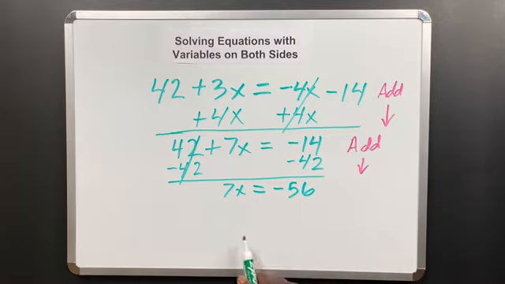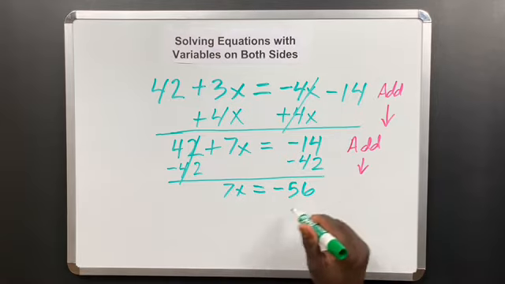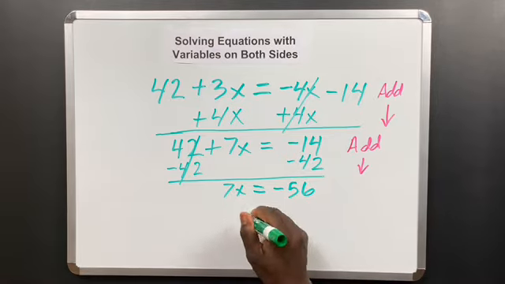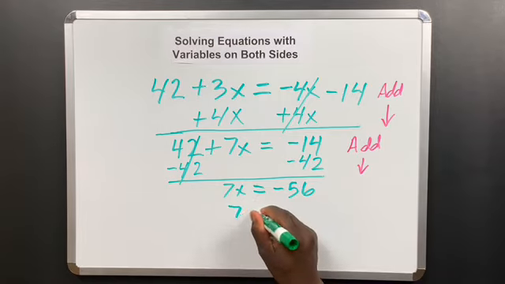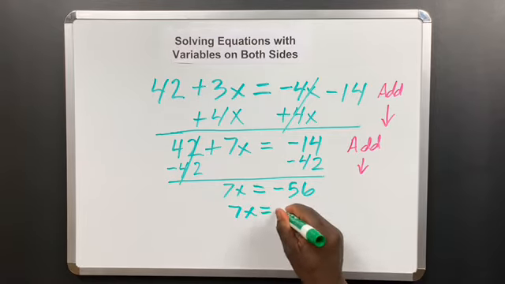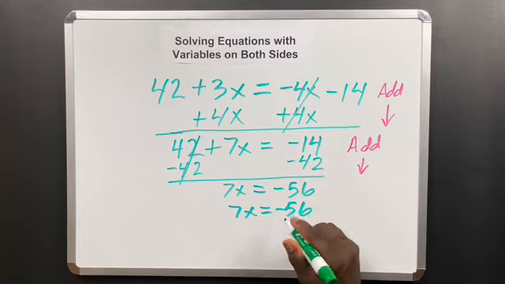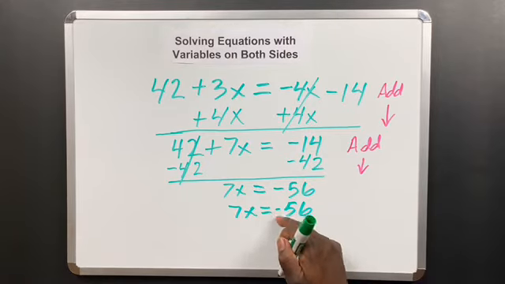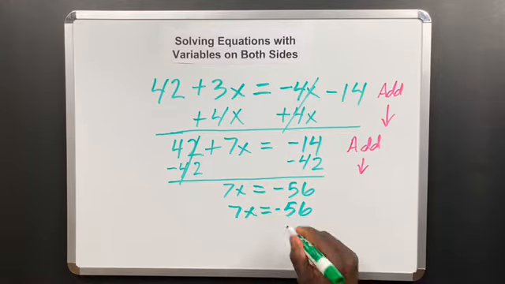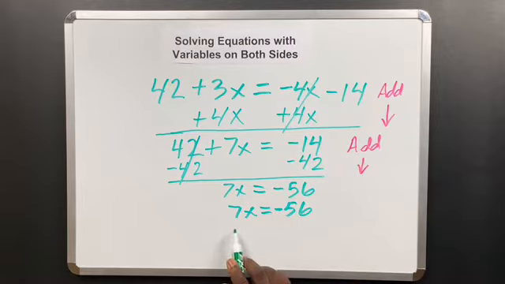X is almost by itself. We're solving for x. So I'm going to write this step again to make the next step explicit. I'm just going to bring this down again, negative 56. Okay, there we go. Now, the opposite of multiplying x by 7 is to divide.